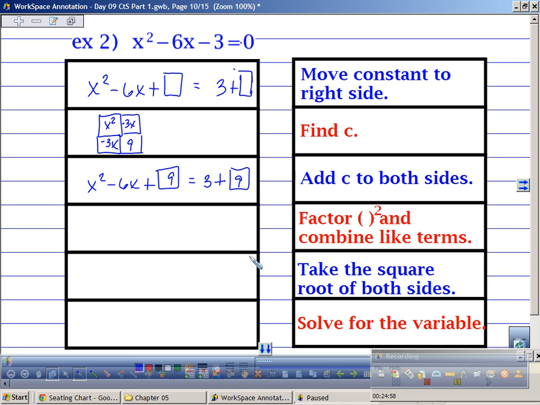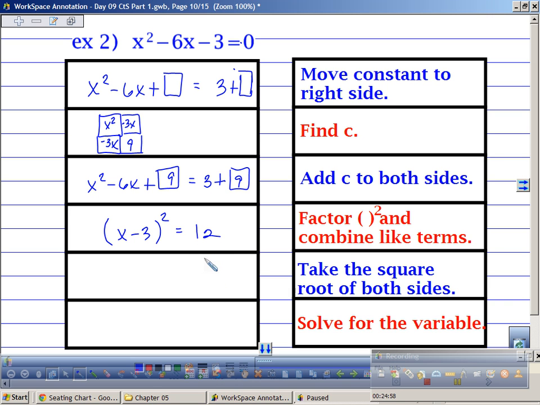Popcorn. James. No, James. Samantha. X minus 3 squared equals 12.